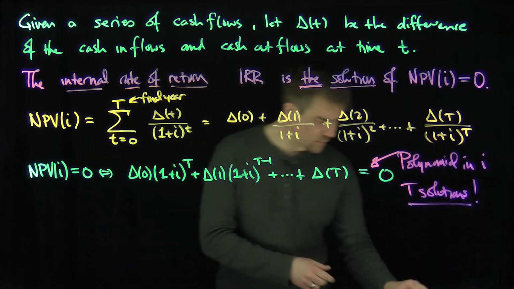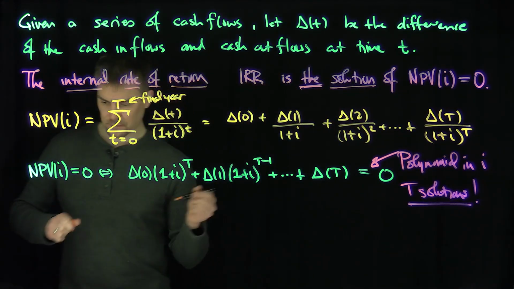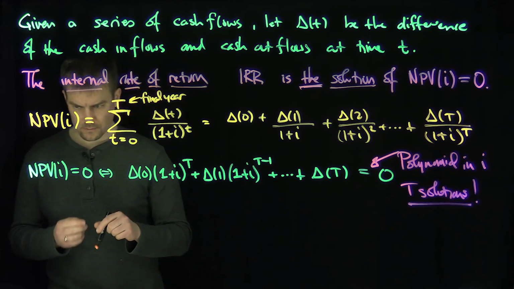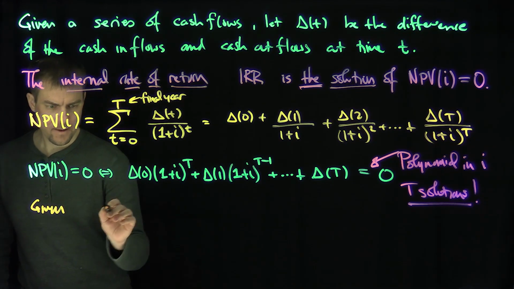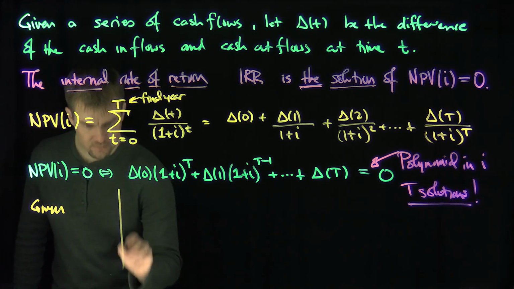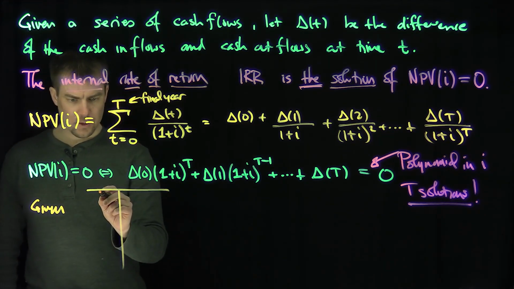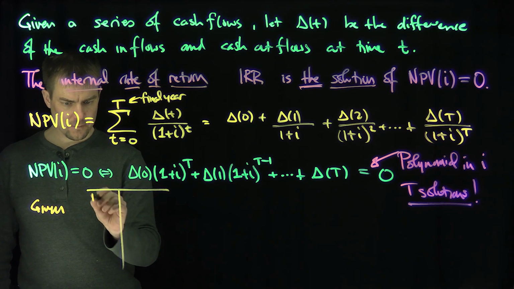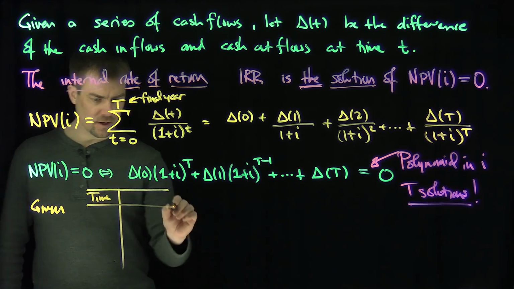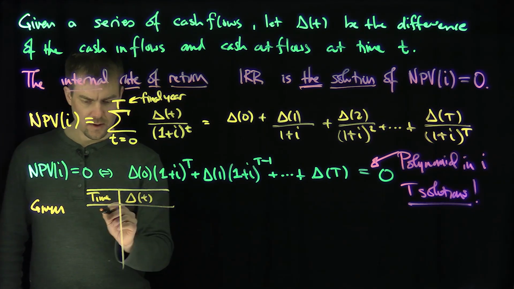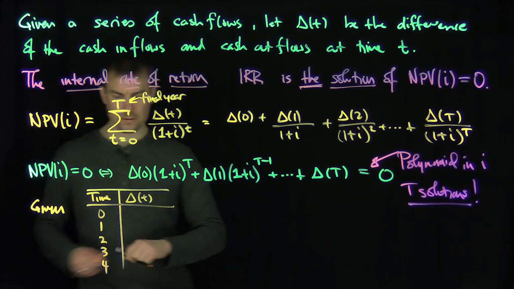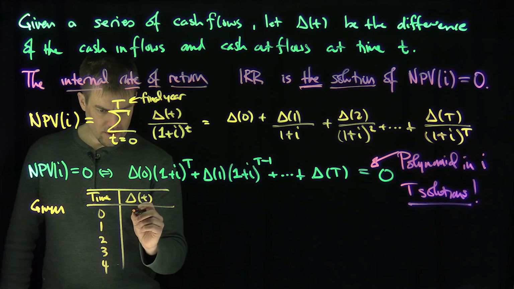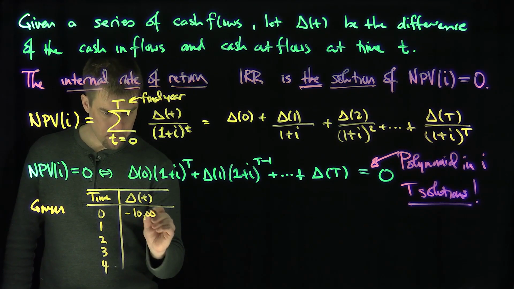I'm going to give a series of cash flows. Here we have time and our delta t. Let's say we have time 0, time 1, time 2, time 3, and time 4. At time 0, we have -10,000.